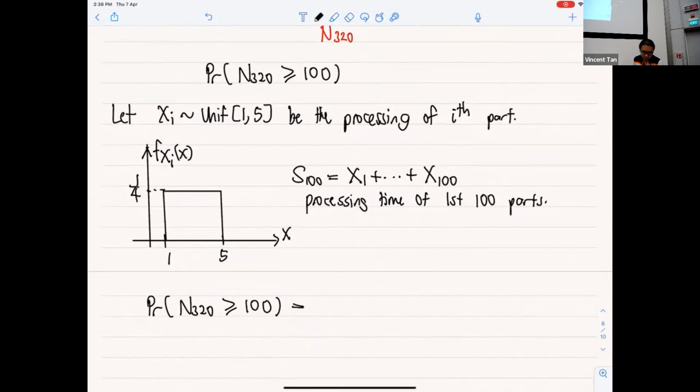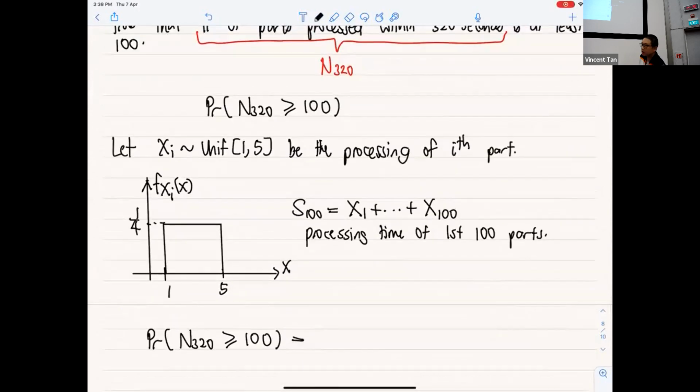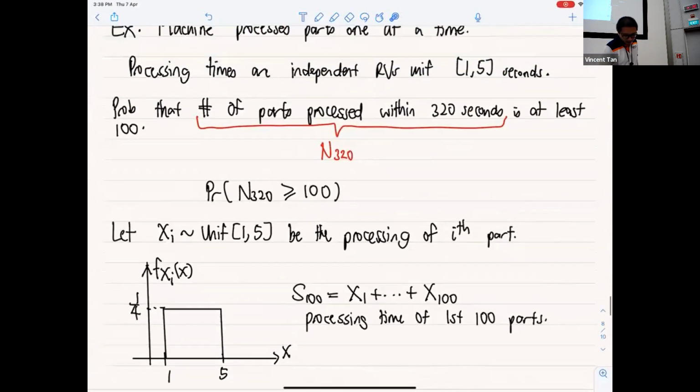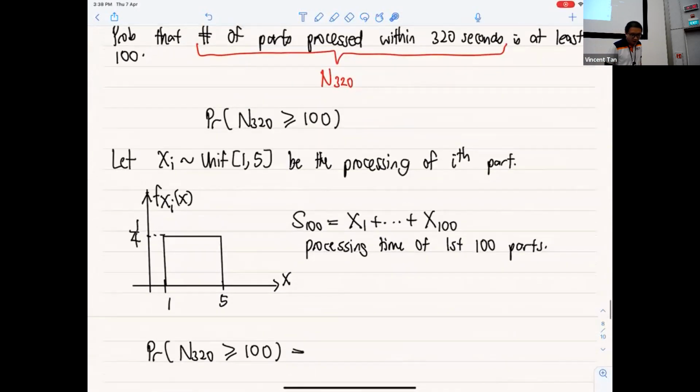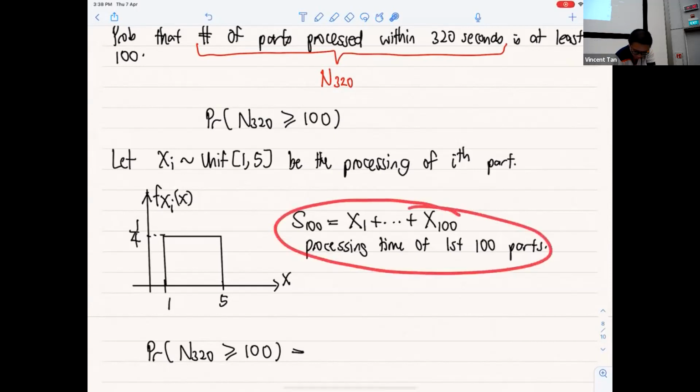How can we relate this to the x's? Because we want to apply the central limit theorem to this guy here. How can we relate these two objects? If N320, the number of parts processed within 320 seconds, is at least 100, then what can we say about the processing time of the first 100 parts?